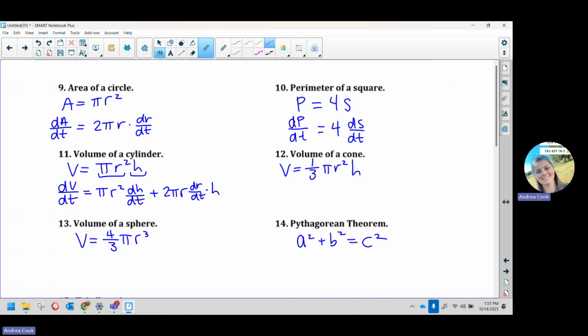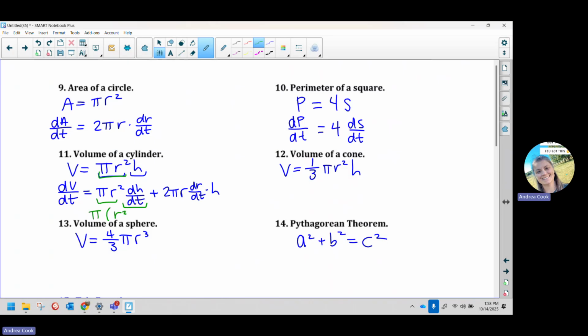For the cylinder, I had to do product rule again. This is A and then times B. If you distribute the pi, you should get this answer.